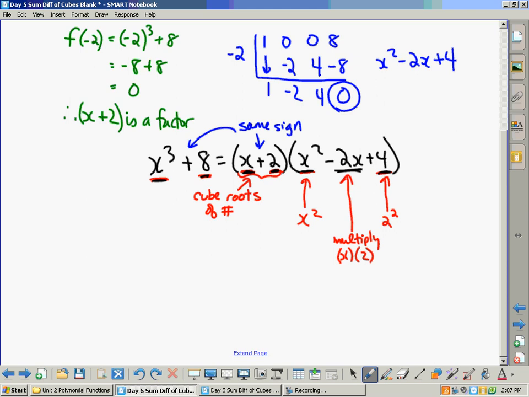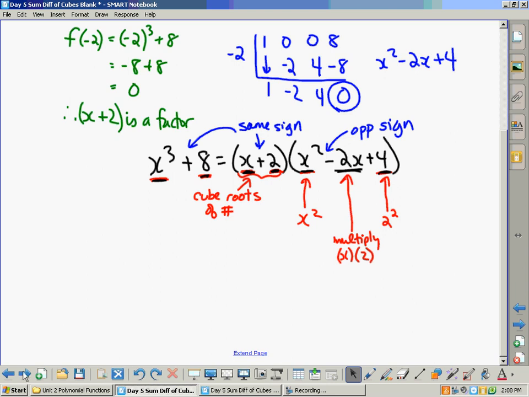It'll always be the case. This is the opposite sign. And that will always be the case. And so that's the pattern or the gimmick that works every time when I have to do the sum or differences of cubes. It's going to work with subtract as well.